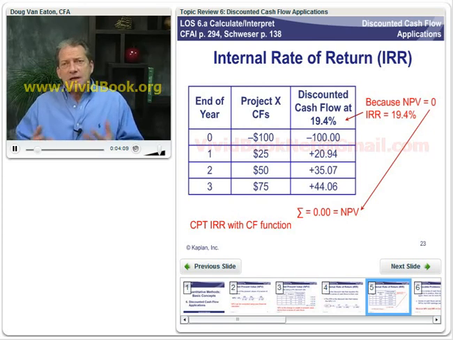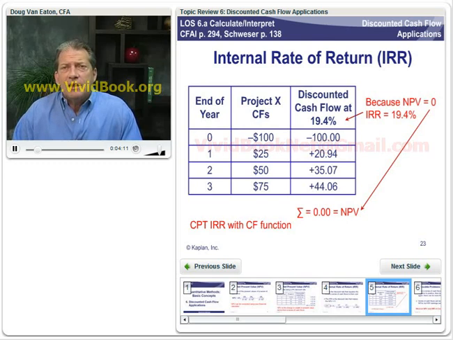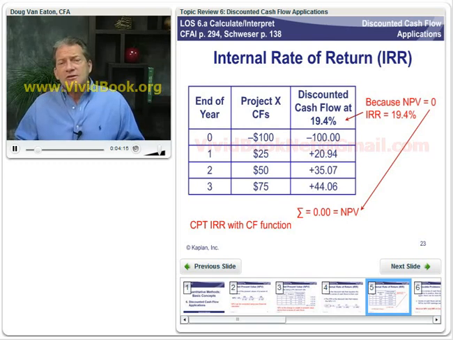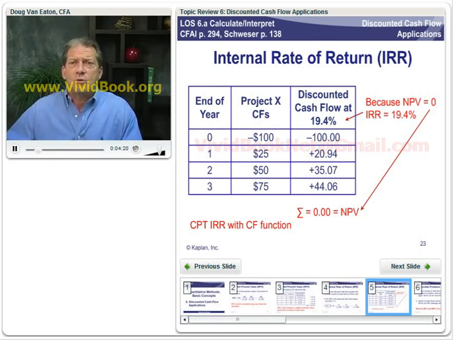So because the net present value was positive before, we know that our internal rate of return is going to be higher than the 9% discount rate that we used. And in fact, it is. It turns out if we calculate it, our internal rate of return is 19.4%.